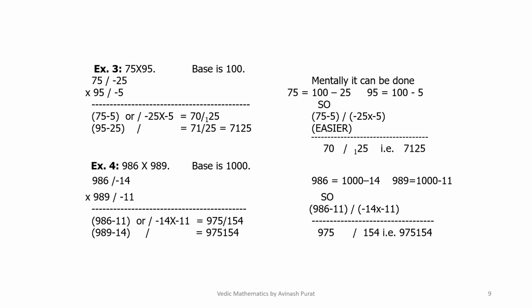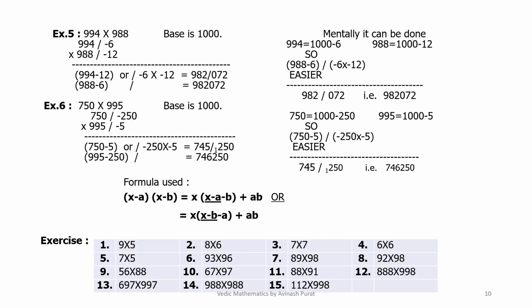986 is equal to 1000 minus 14 and 989 equal to 1000 minus 11. So easier is 986 minus 11 stroke minus 14 into minus 11. The answer is 975 stroke 154, that is 975154. Fifth example, 994 into 988, base is 1000.